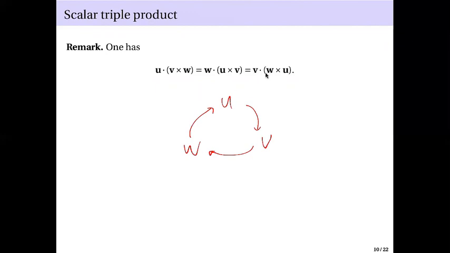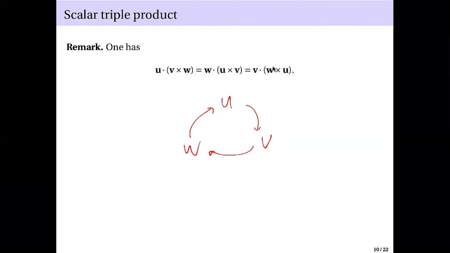Or w dot u cross v. Okay? So you can look at this rotation here. So you can easily remember this. So that's the scalar triple product.